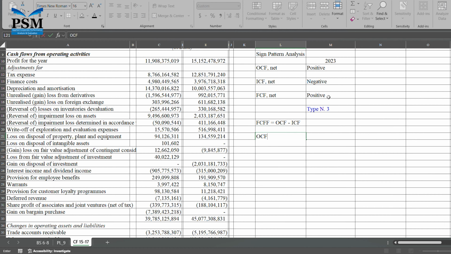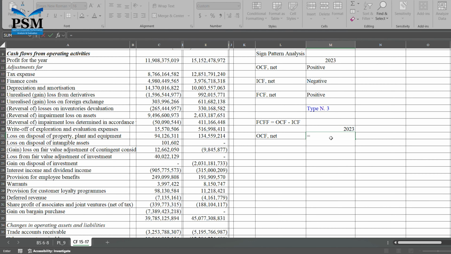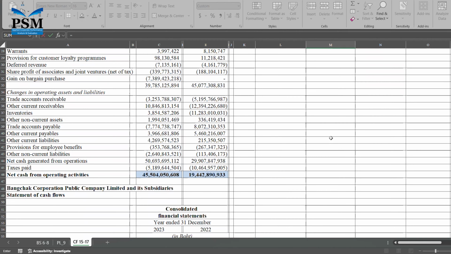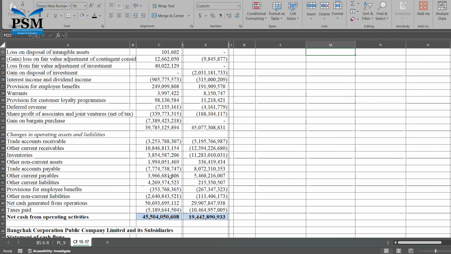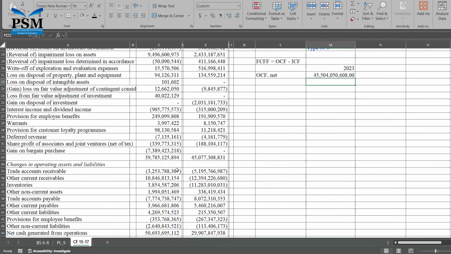For operating cash flow, we take the net amount, and I'm showing you here for the year 2023. Now we copy the number from the operating cash flow. Operating cash flow for this year is this number, row number 46, 40 billion. That's internally generated cash. We can ignore the decimal numbers.